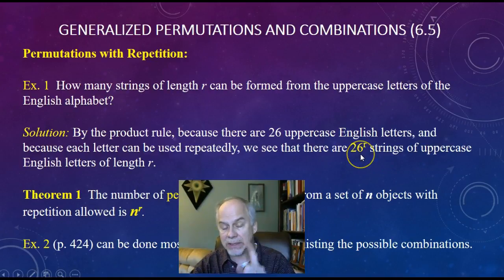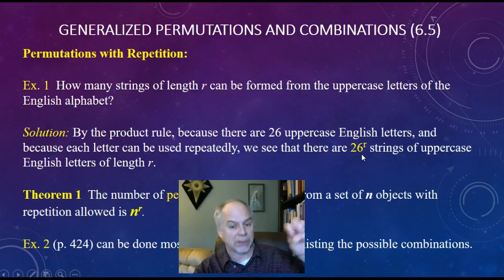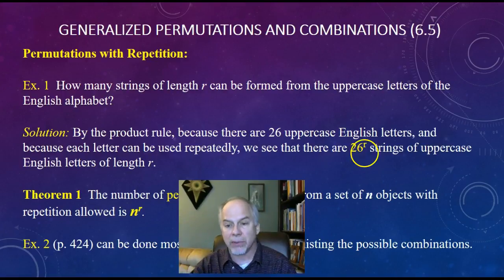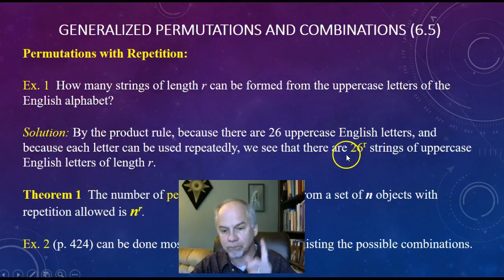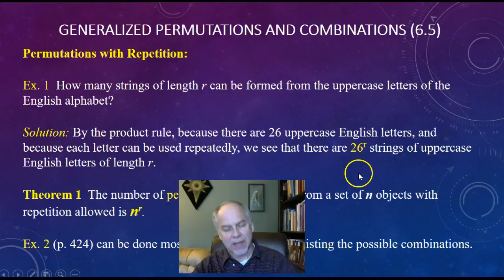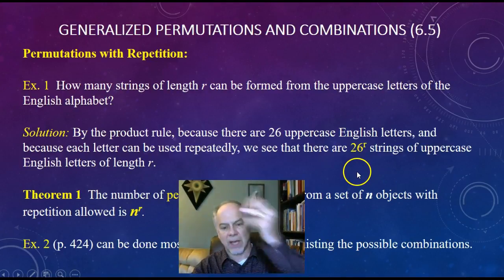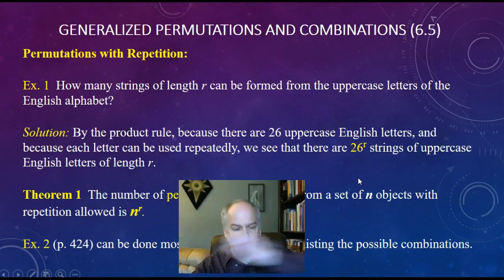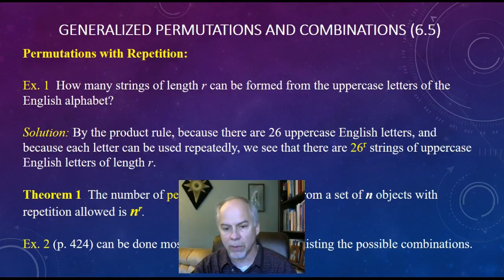So there's 26 times 26 times 26, all multiplied together, and there's R of them. So it's going to be 26 to the R power, whatever R is. If it's a string of length 10, then there's going to be 26 to the 10th power different strings that can be created with those letters of the alphabet.